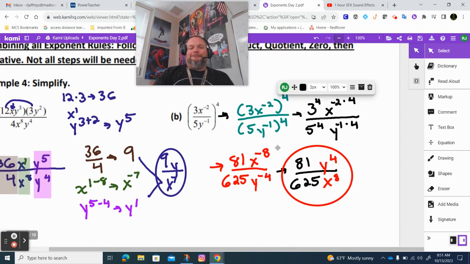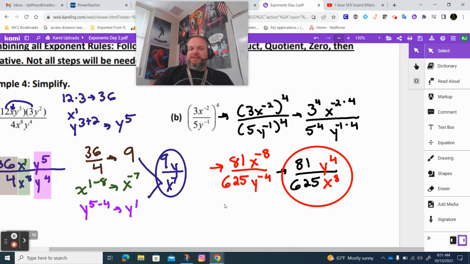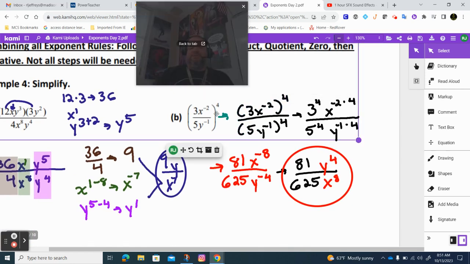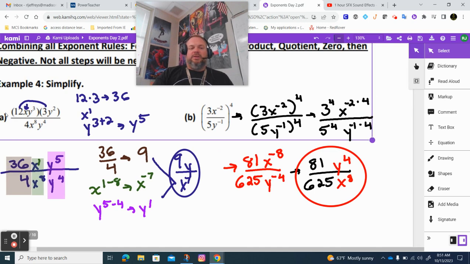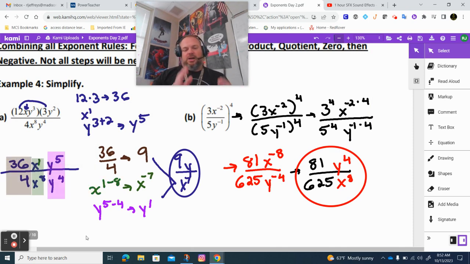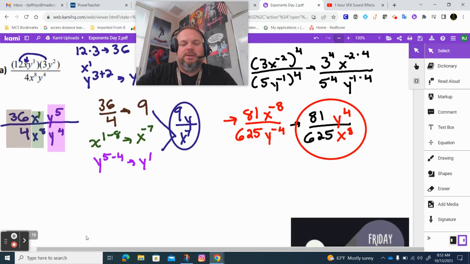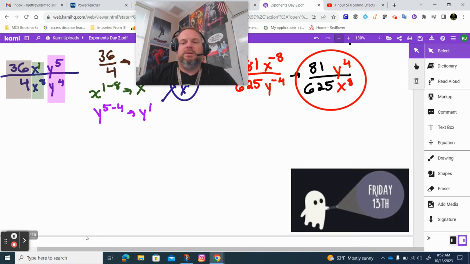Basically, that's what we did, especially in B. We separated it, we ran that power through, and then we worried about the negative. Over here, we did the multiplication, added the exponents, and then we went through each column and did those parts. Okay.